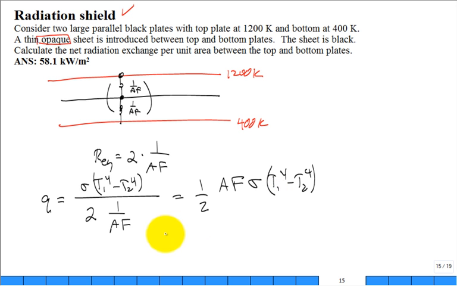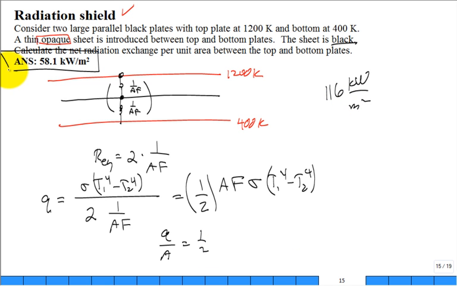And so this Q divided by area is 1/2 of our previous answer. It's this factor of 1/2. So by inserting just a black sheet, you've reduced the radiative exchange by 50%. It went from 116 kilowatts per meter squared, you divide that in half. What is that? 58 something kilowatts. So the answer is 58 kilowatts per meter squared.